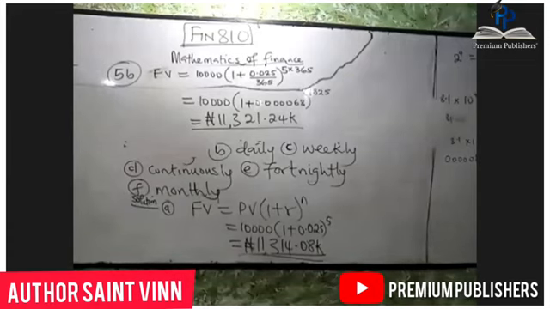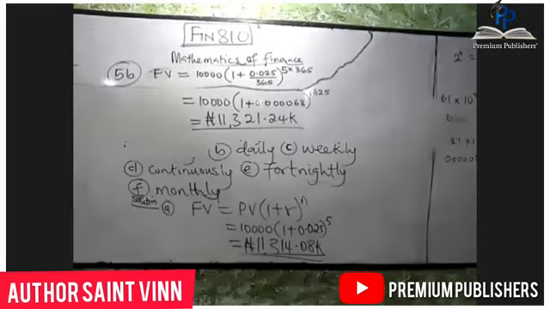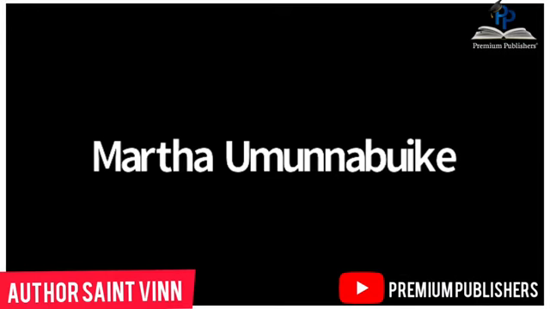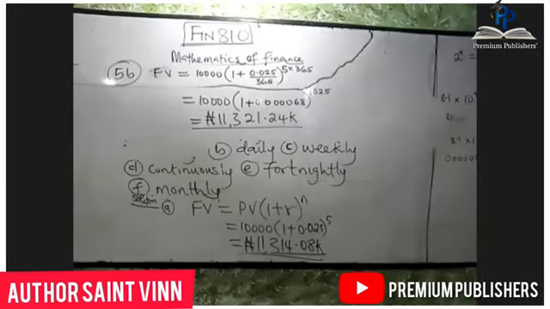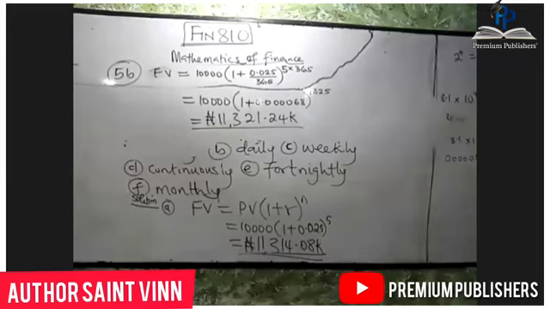And that means that interest is paid 365 times in a year. Agree? So if it will be paid 365 times in a year, in 5 years, it will be 5 times 365 to know how many times you paid in 5 years.